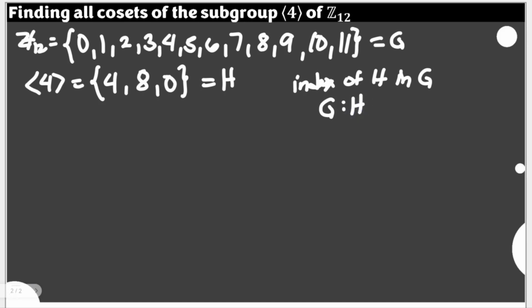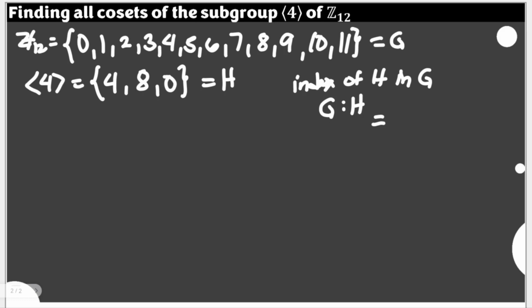This simply means we need to take the order of each group, and by Lagrange's theorem, the order of the group is divisible by the order of our subgroup.